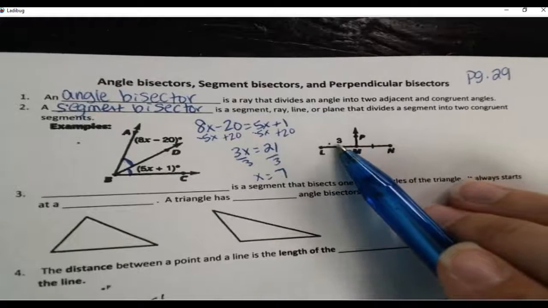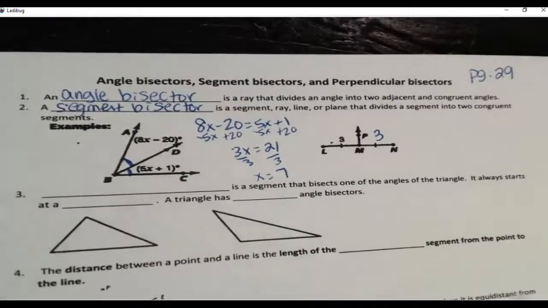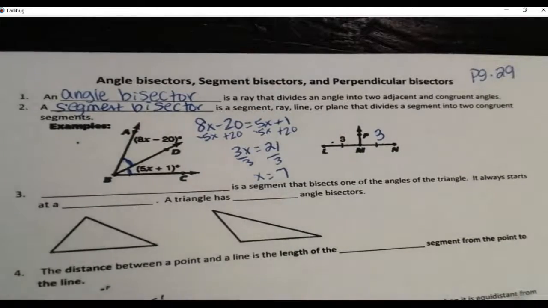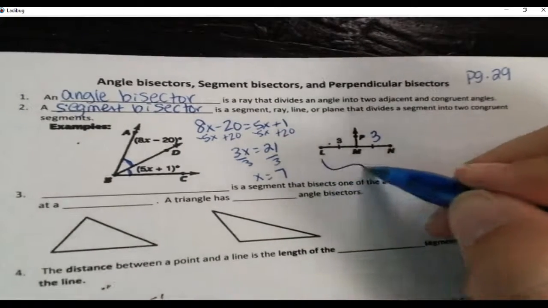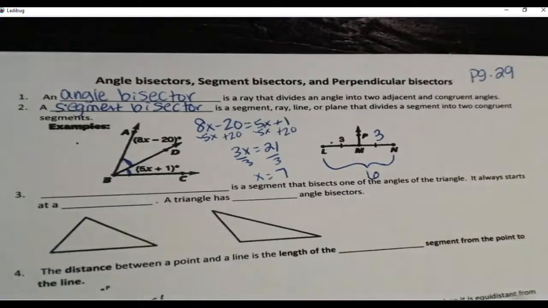If one side is 3, the other side is 3. Good. So if it's a bisector, it's making it two equal lengths. So then we could say the whole thing is how long? Good. Very good. Questions?